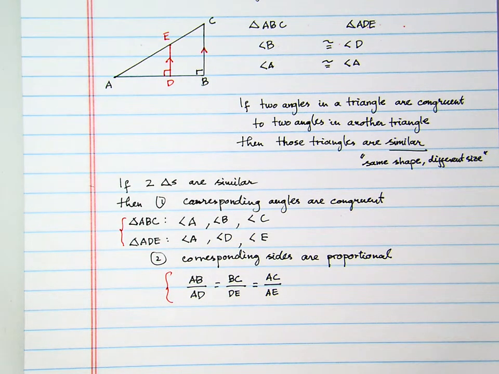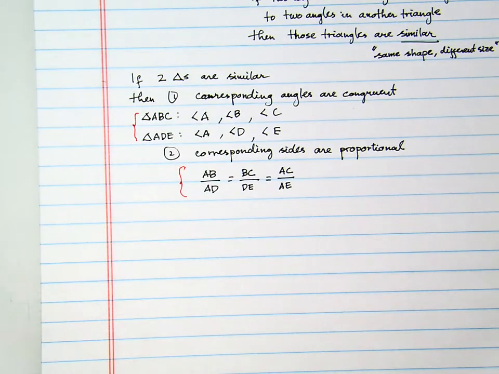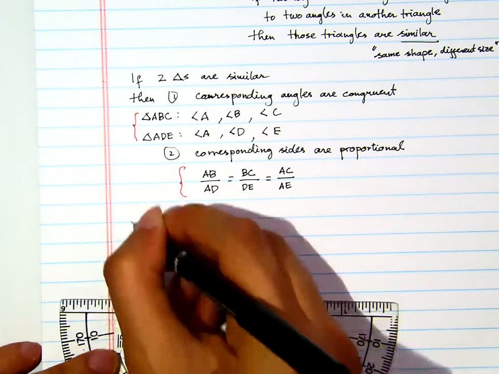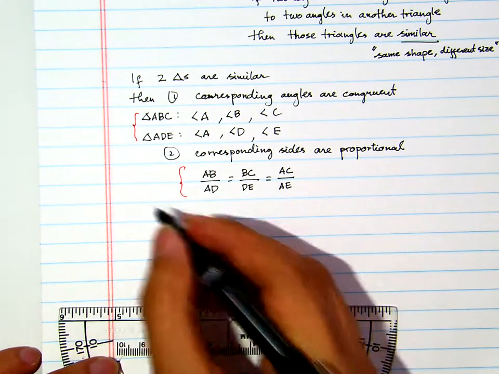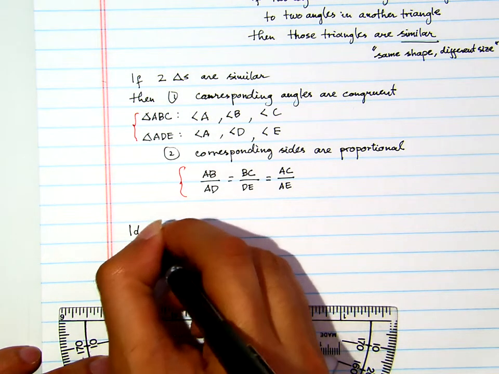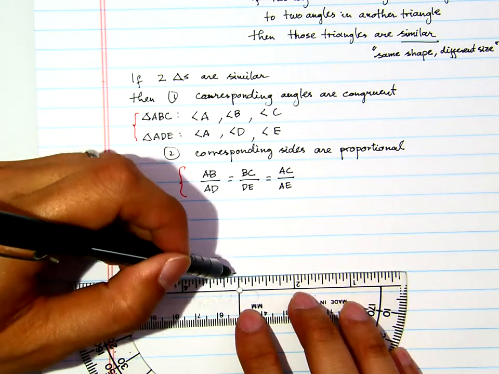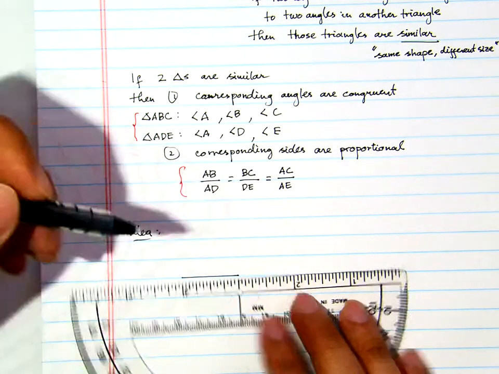Put it this way. If I have two triangles that are similar, let me try to make it into a larger one. Suppose I have a right triangle.